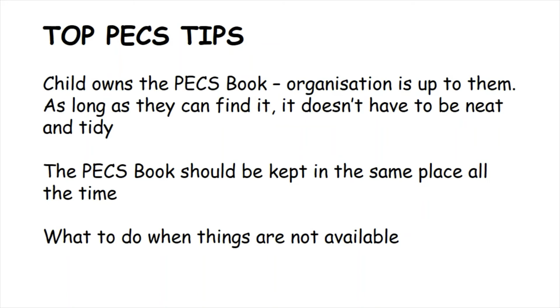And in terms of what to do if things are not available, it is absolutely okay once you are past phase 3 to say no. Yes, at phase 1, 2 and 3, you have to give them the thing that they've asked for, because those are part of very specific sessions.